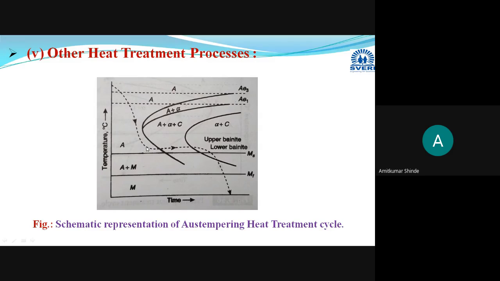Now here we have kept the temperature constant in this zone, just below the nose temperature and above Ms, and we will end up with the formation of bainite. Either upper bainite or lower bainite is formed.